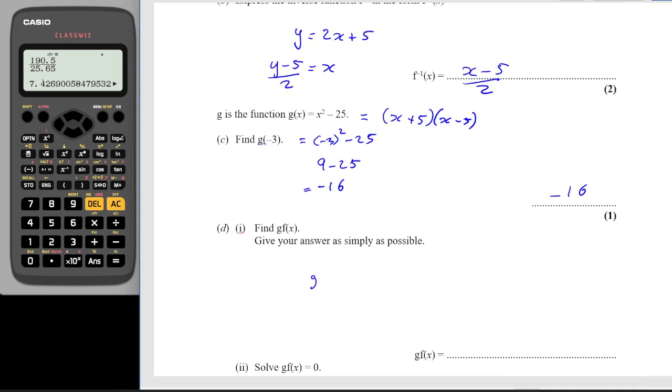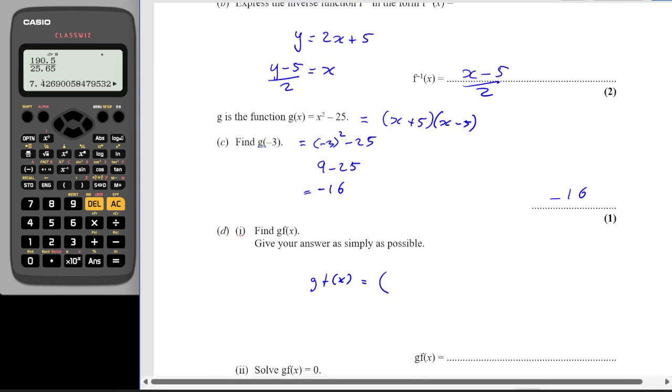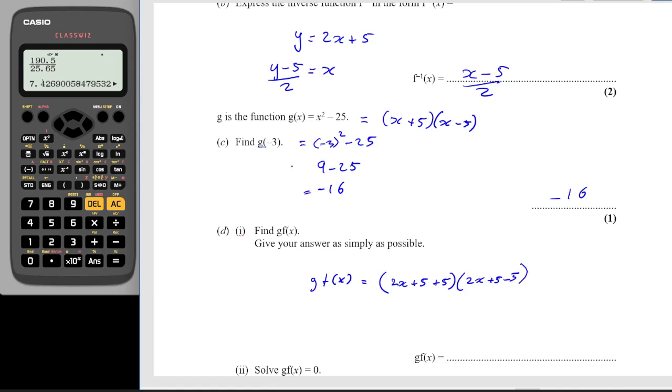So g of f of x is going to be equal to 2x plus 5 times 2x plus 5 minus 5. So that's going to give me, those will cancel, so it's just going to be 2x times 2x plus 10.